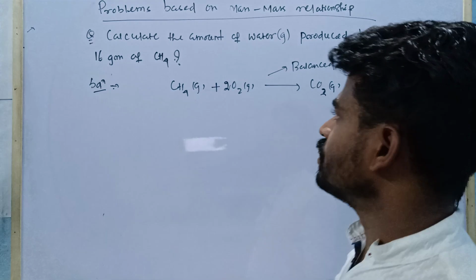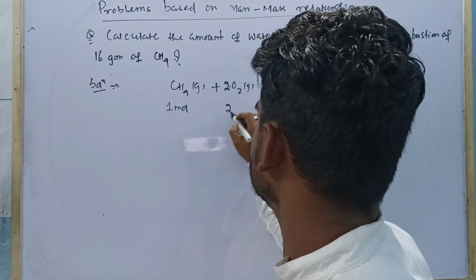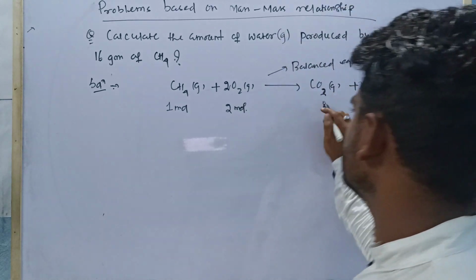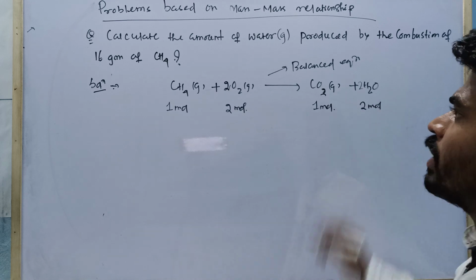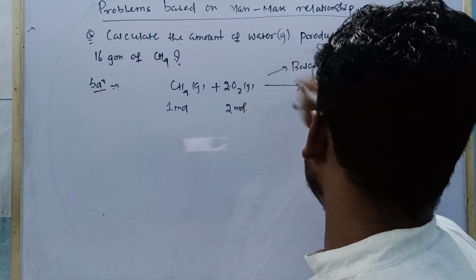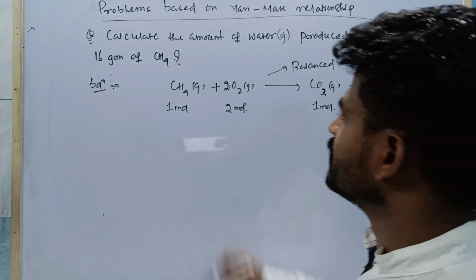So this is 1 mole, this is 2 mole, this is 1 mole and this is 2 mole. The question asks for the amount of water, so we target water produced by the combustion of 16 gram of CH4.